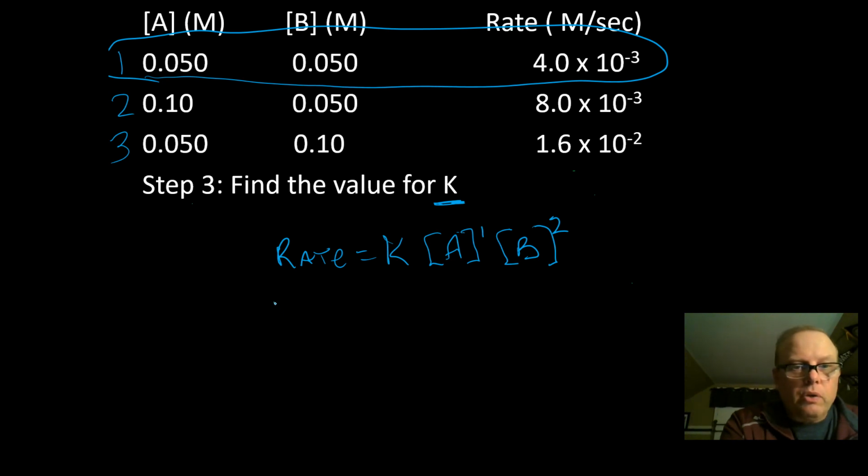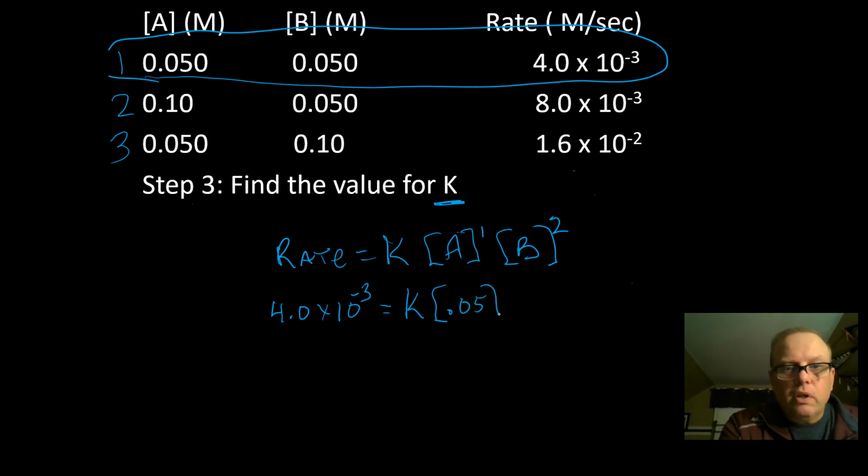So the rate is 4.0 times 10 to the negative 3 is equal to K times 0.05 to the first times 0.05, which is the concentration of B, to the second. And if I solve this now, I get a K value of 32.